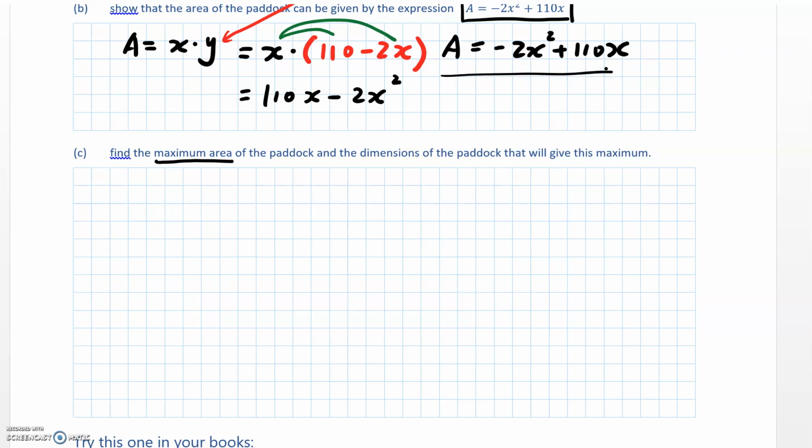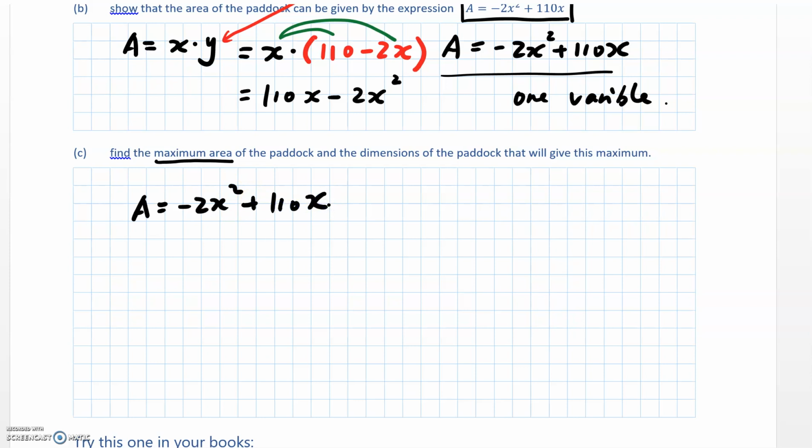That's the area, using x to represent the area. So now we're down to one variable. This is a quadratic function, so we could use it to calculate the maximum area. A equals negative 2x squared plus 110x.